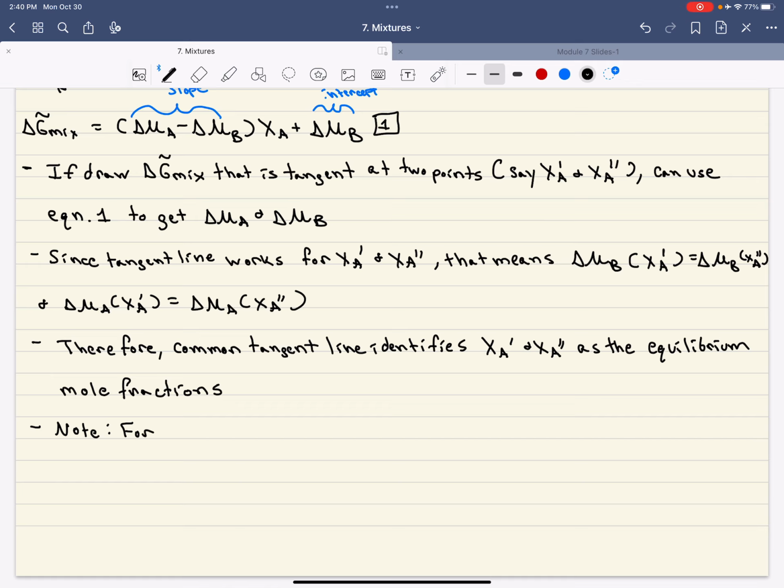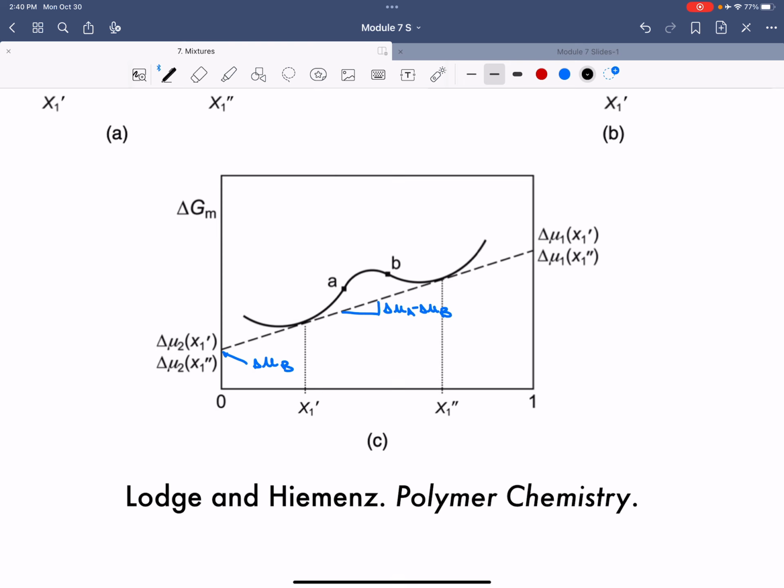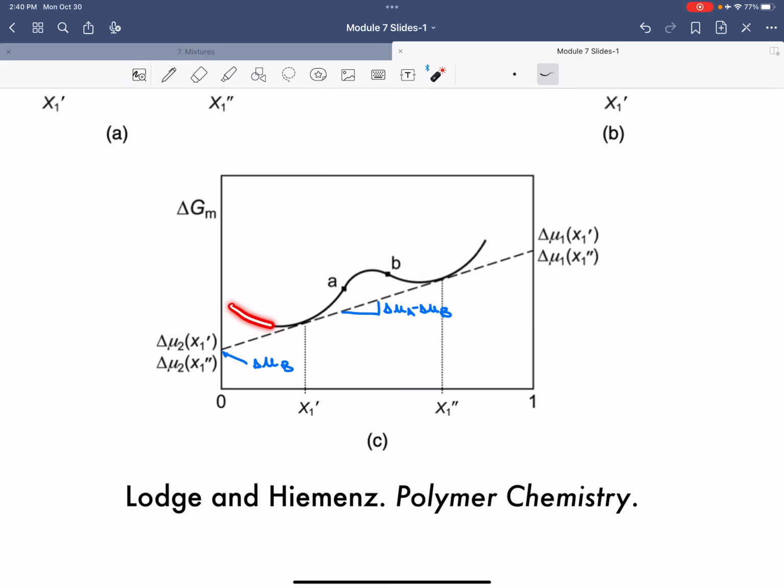Okay. All right. So a couple of notes that I'm going to put here. For the regular solution theory equation, if we plotted this curve out, it wouldn't be diagonal like this. It would actually be kind of horizontal. And your XA prime and XA double prime would actually correspond to local minimums in the curve.